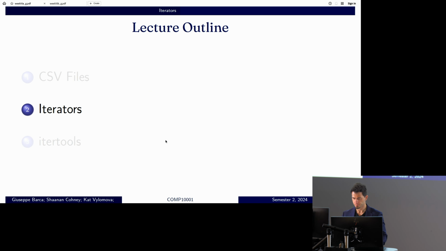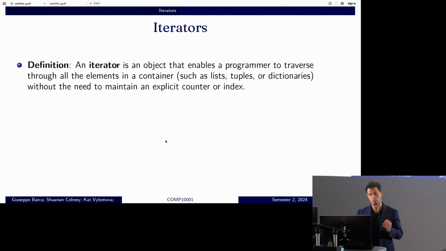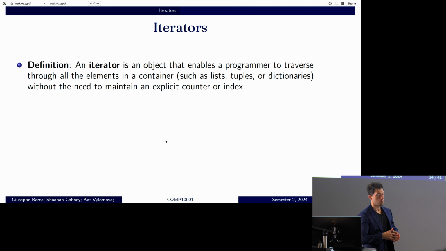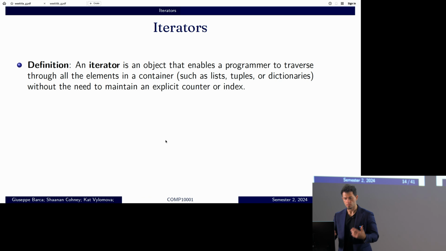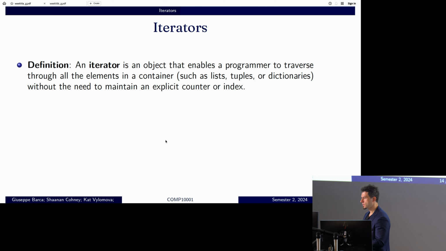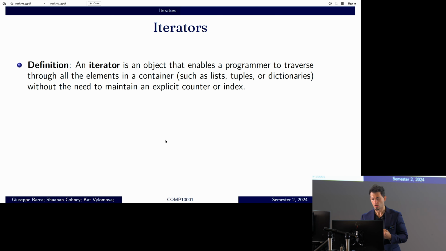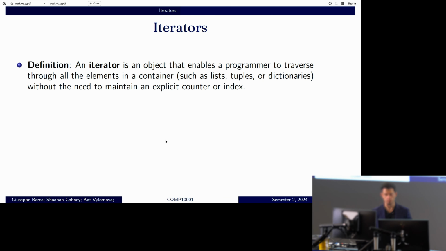Here is the definition. An iterator is an object that enables you to traverse, to go through the elements of a collection, which we have called an iterable, things such as lists, tuples, or dictionaries, without maintaining explicit control of the counter or index, the way we called it.